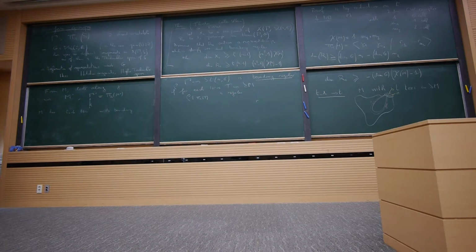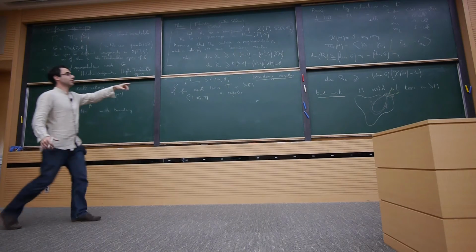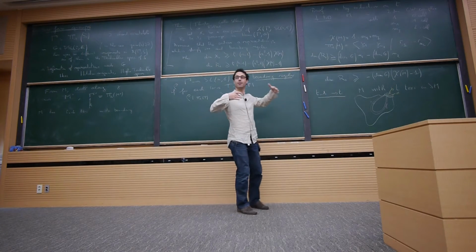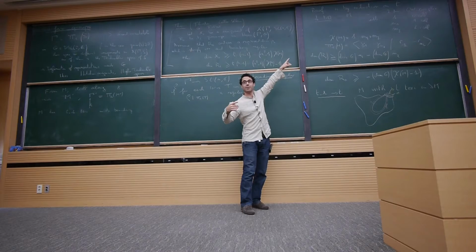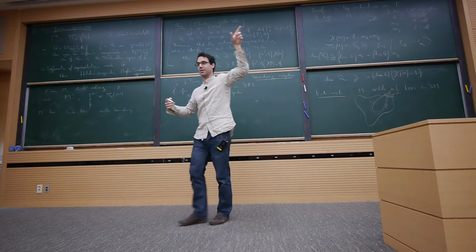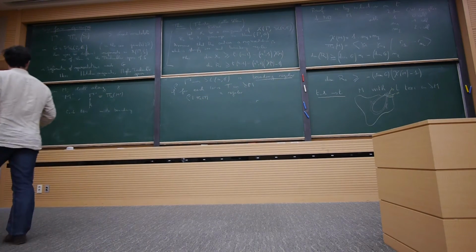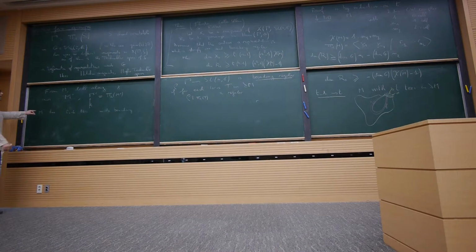So if this procedure is good and I make my induction until there are no more tori in the boundary, there will still be the same number of boundary components, so the boundary will not be empty. So I will be able to apply the initialization. So this is just, we have to check that.